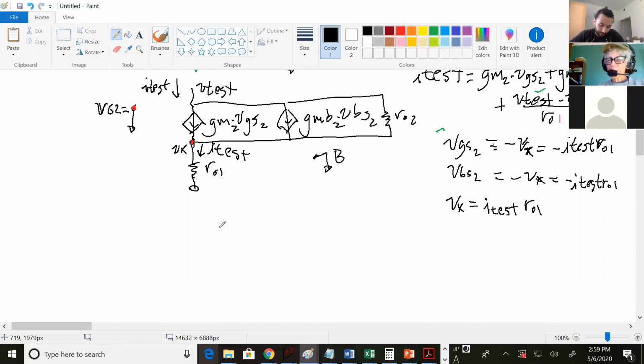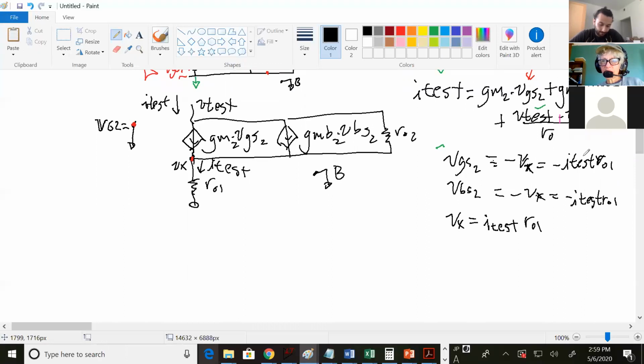Now I have enough information to replace all these voltages in the first equation. You have I test equals, now this is negative I test RO, so you have GM2.